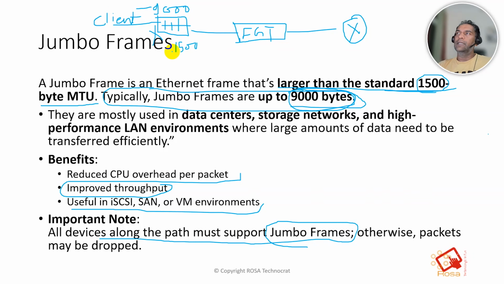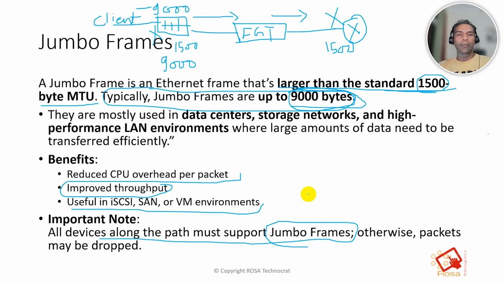In the same way, if it is configured for 9000, this device will allow the packet to the FortiGate. FortiGate will allow it to the upstream, but this might have a 1500 MTU. In this case, this device will drop the packet, right?